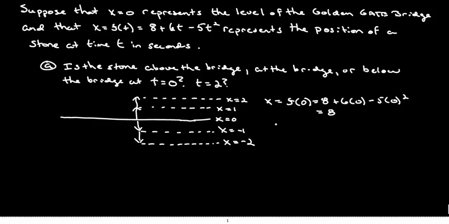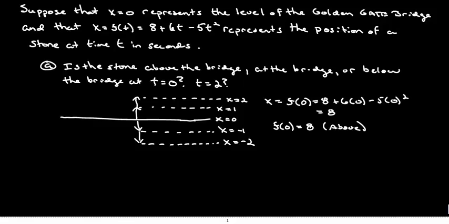So the answer is f at 0 is 8, or the x value is 8. Since it's positive, that tells us that we're above the bridge. Clearly, because if 1, 2, we're up here somewhere at 8. So it's like this stone has traveled up, and of course gravity is going to pull it back down.